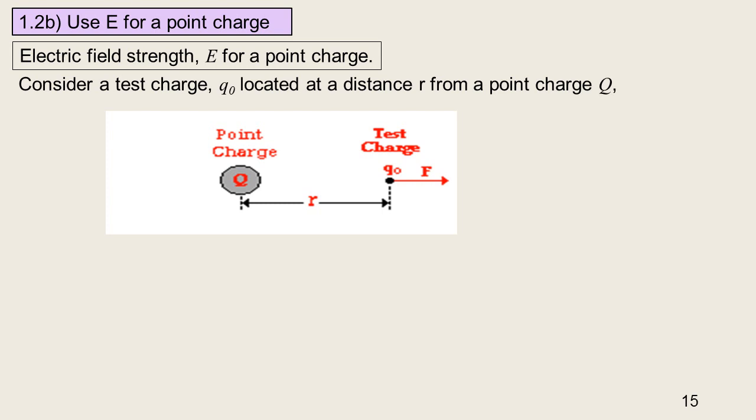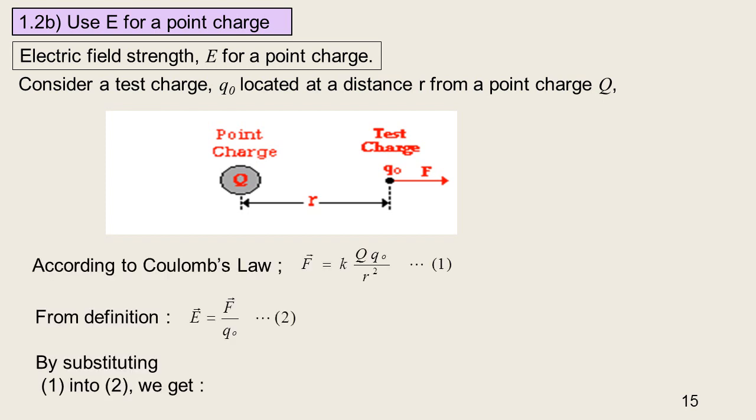1.2b, use E for a point charge. Electric field strength for a point charge. Consider a test charge Q naught located at a distance R from a point charge Q. According to Coulomb's law, F equals K Q Q naught over R squared. From the definition, E equals F over Q naught.